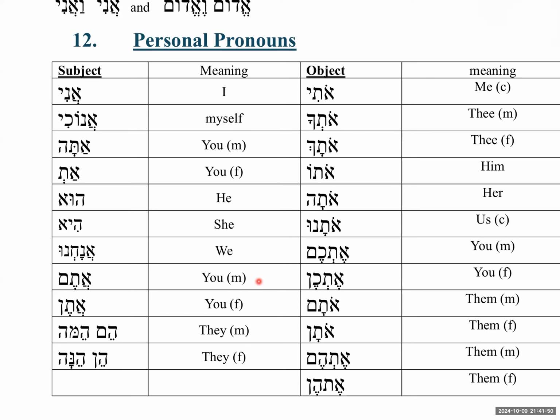Okay? My mistake. So Athem is you, masculine plural. So when you're saying you guys, you, right? Got it now. And Aten, you, feminine plural. Got it. Hem, masculine, hema.